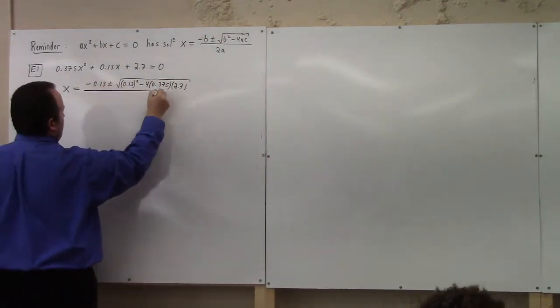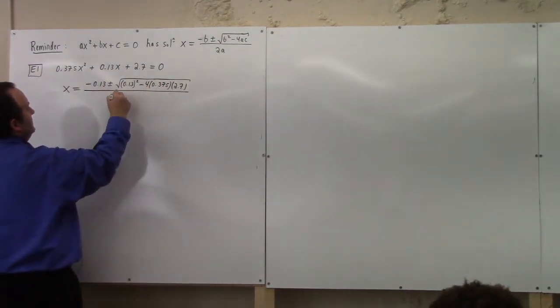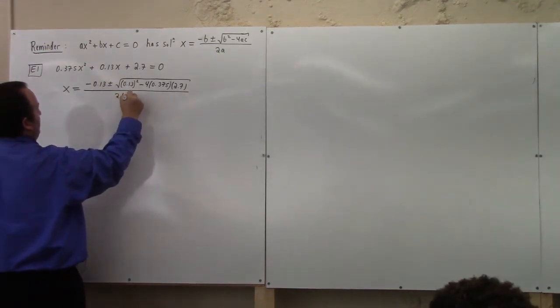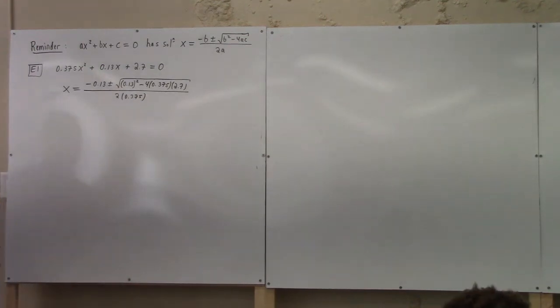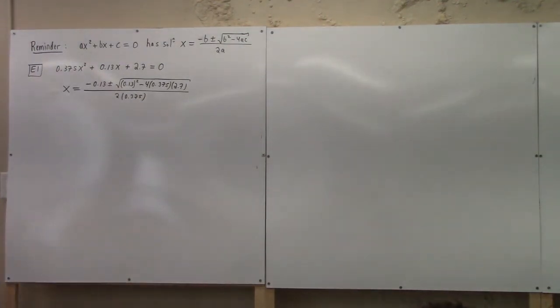And we divide by, what do we divide by? 2 times 0.375. Now it looks to me like we're going to have a complex solution unless I change something.